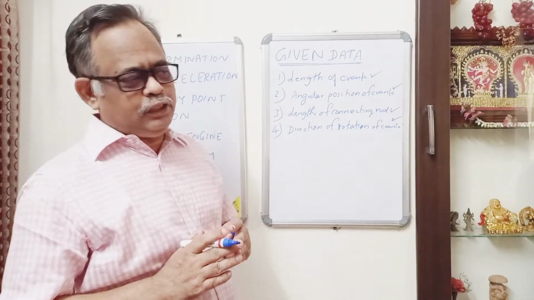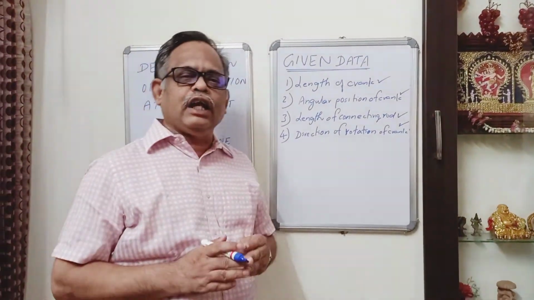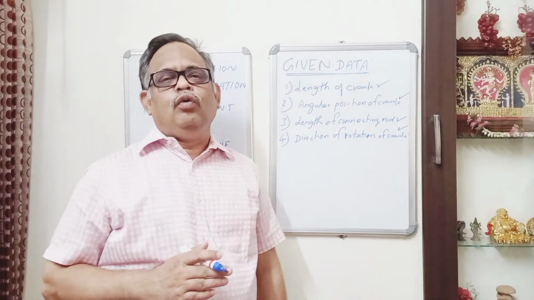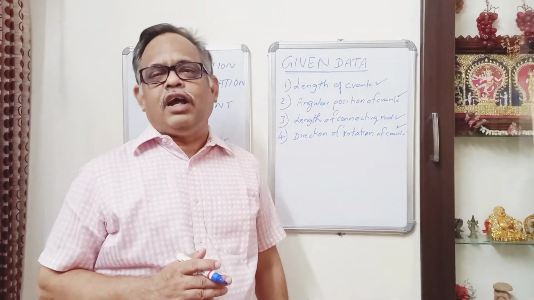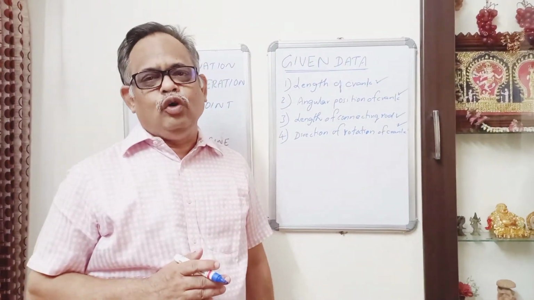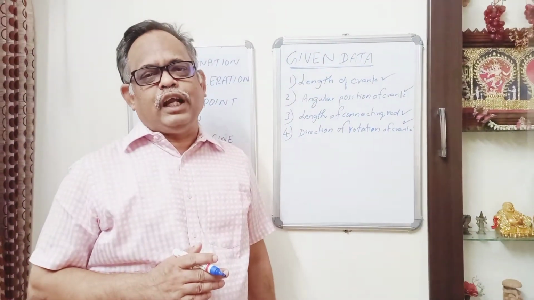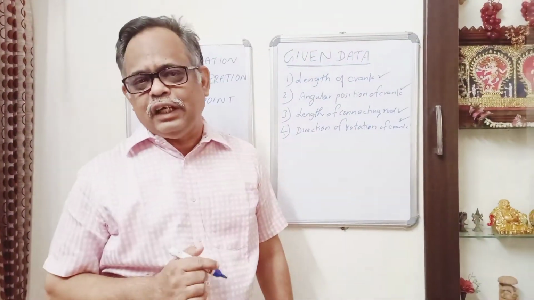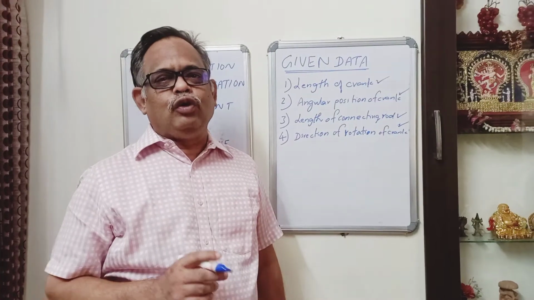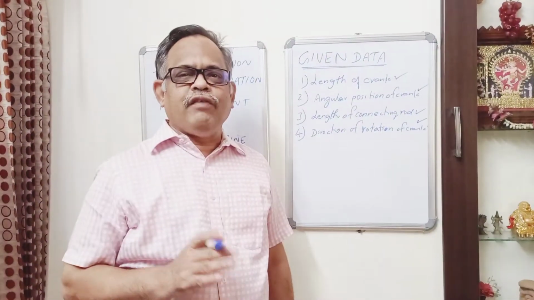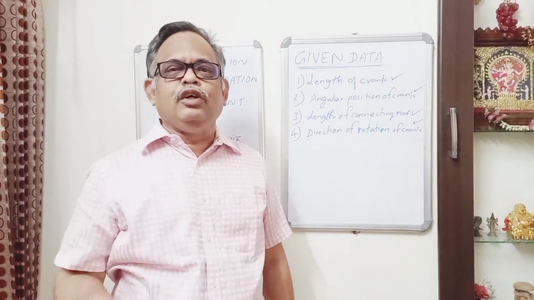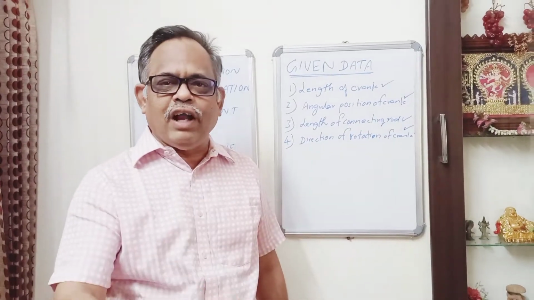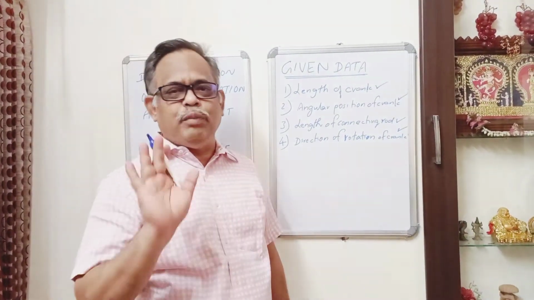The acceleration diagram can be drawn only after drawing the velocity diagram. So without drawing the velocity diagram, we cannot draw the acceleration diagram. So the question of finding the acceleration is inclusive of finding the velocity also, at any particular point.